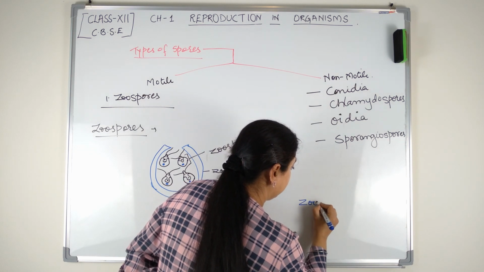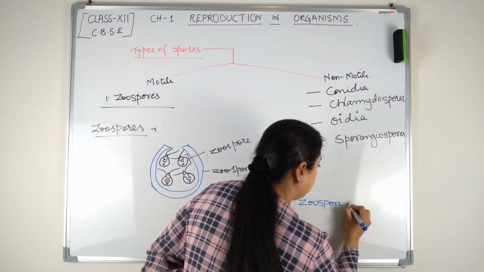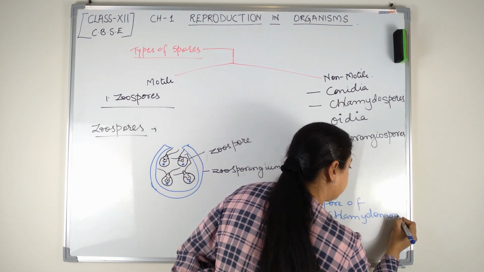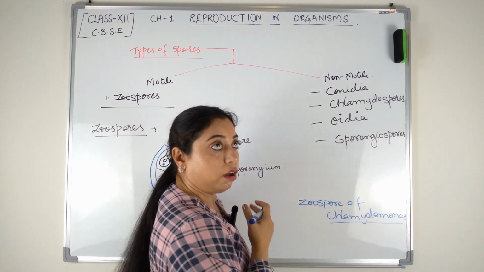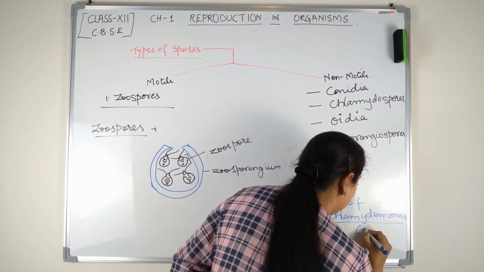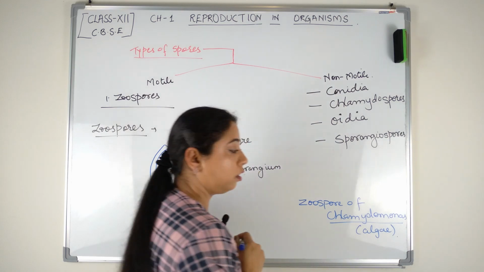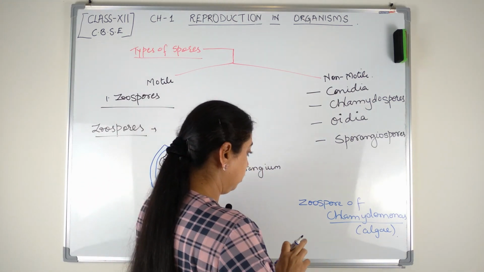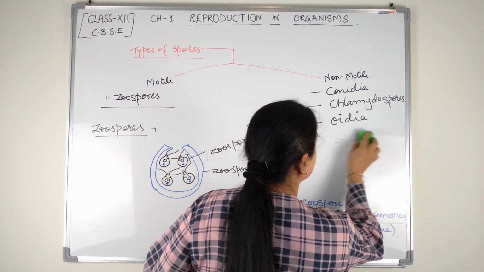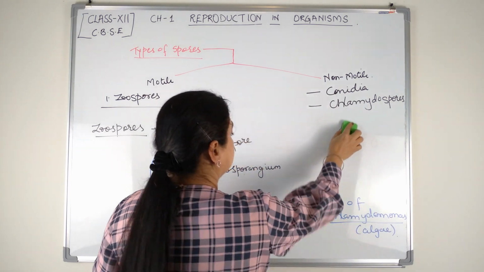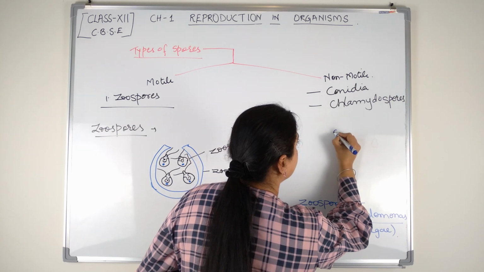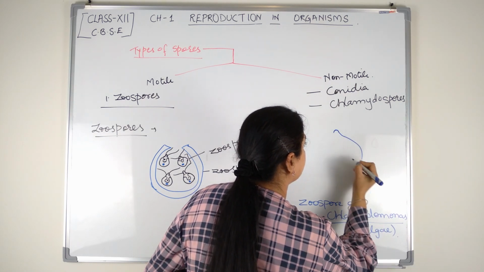Let's see how a single zoospore looks. Let's draw the diagram of the zoospore of Chlamydomonas. Chlamydomonas, as you have already studied in class 11th, is a kind of algae. Now the zoospore of Chlamydomonas looks like this. It has a sort of pear-shaped structure.